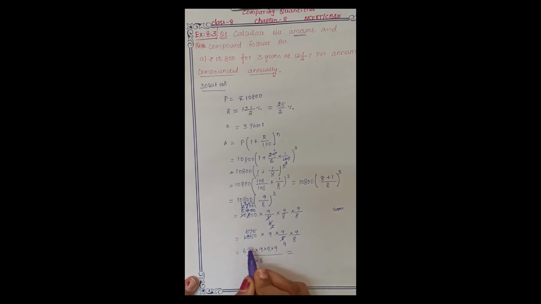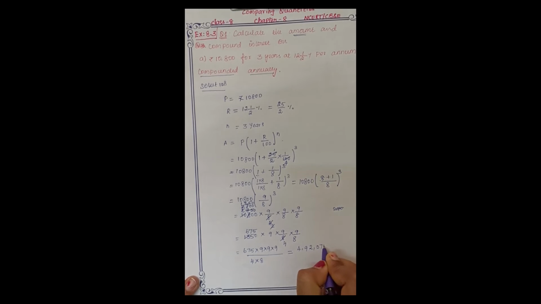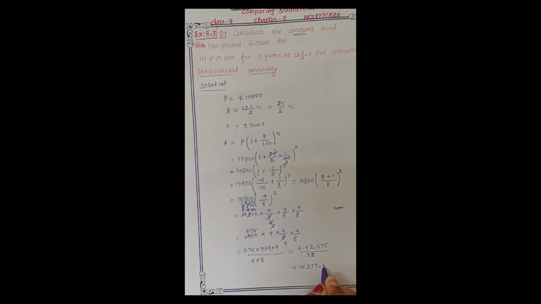So if we multiply all these terms we will get 4,92,075 rupees divided by 8 fours are 32. So if you divide 4,92,075 by 32, the answer is 15,377.34. This is the amount.